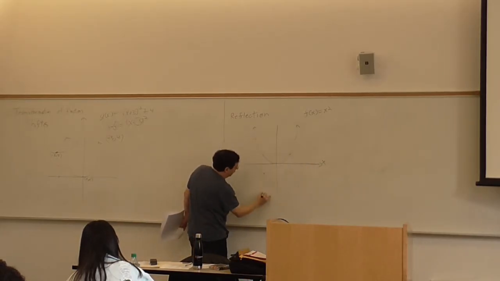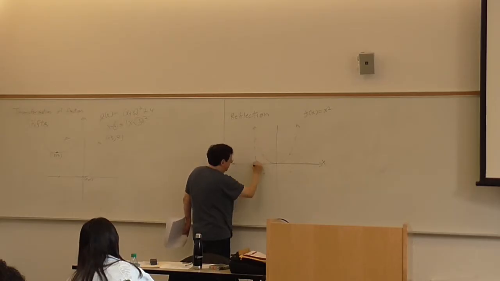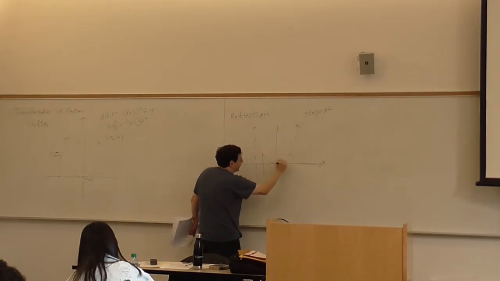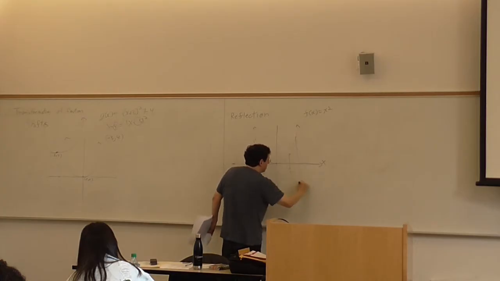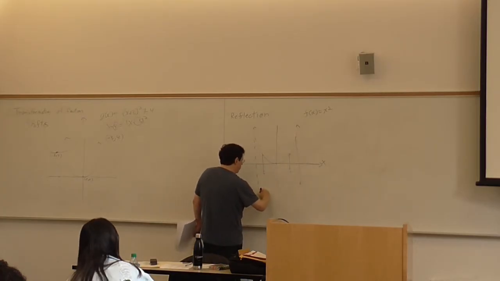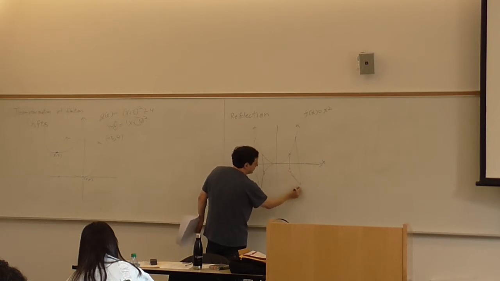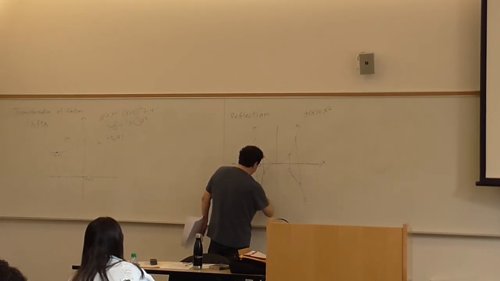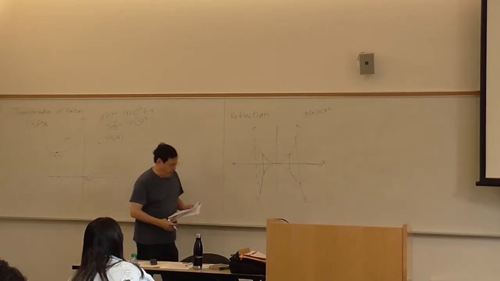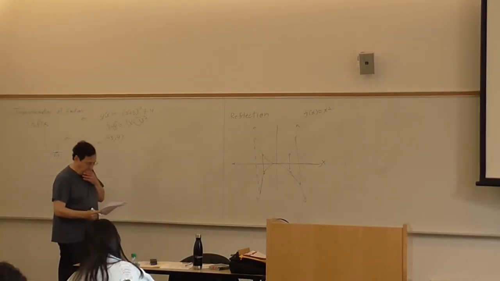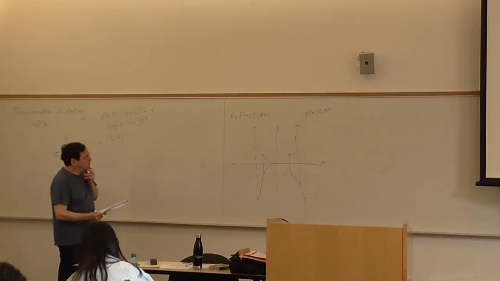Each of these points is going to move down here. So our reflected function is going to look like this. In this case, it's an upside down parabola. So how do we do that?